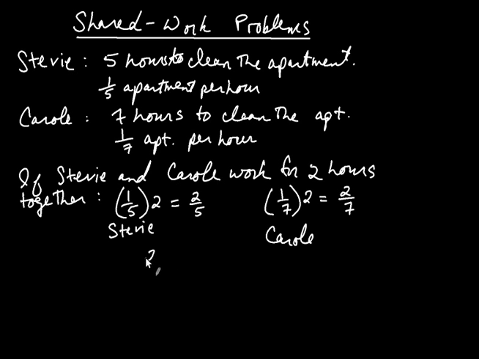So when we take 2/5, the amount that Stevie cleaned, and add it to the amount that Carol cleaned, which is 2/7, when we add those two fractions together, let's see, we get 14 plus 10, we get 24 over 35.